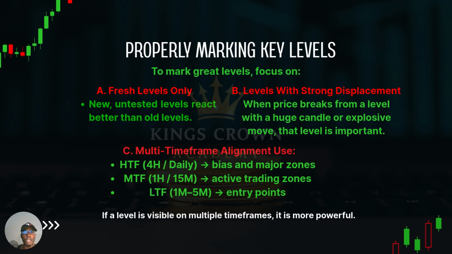Sometimes old levels are already weakened, so price can easily trade through them, but it depends on the time frame you are building your narrative from. Number two, levels with strong displacement. I will show you practical examples later in the lecture. These are areas where price breaks from a level with a huge candle or explosive move, most times leaving a fair value gap behind. These are very important levels to look out for.